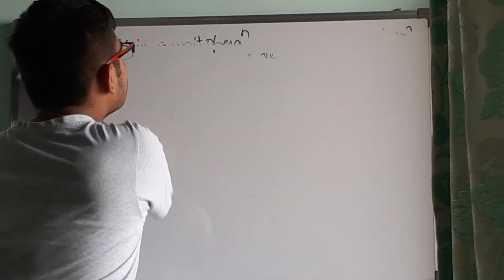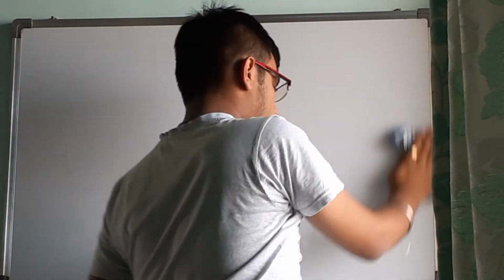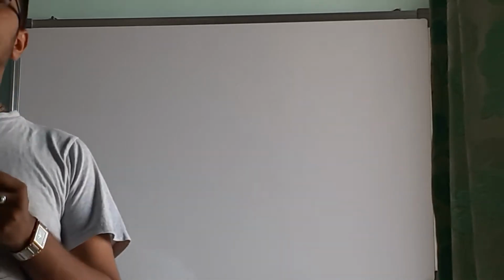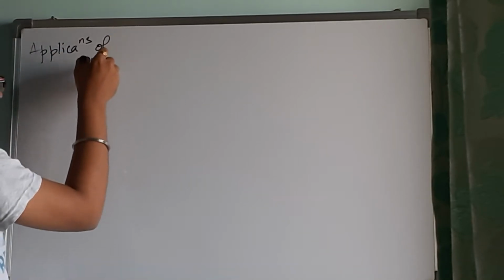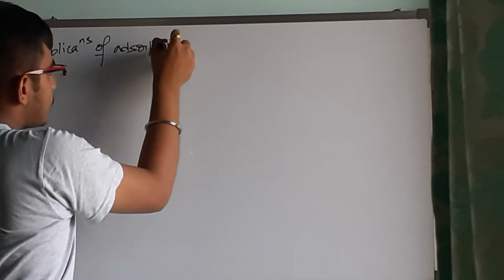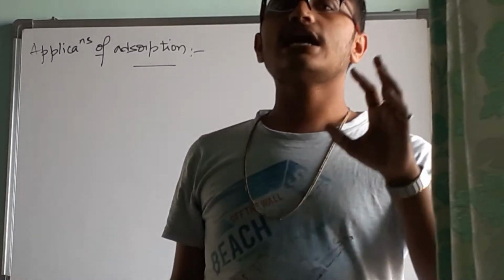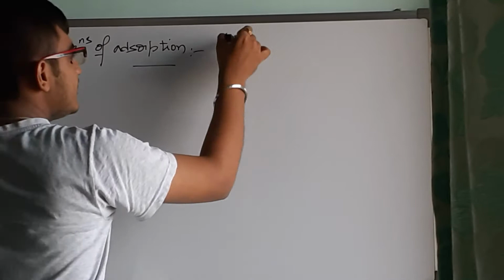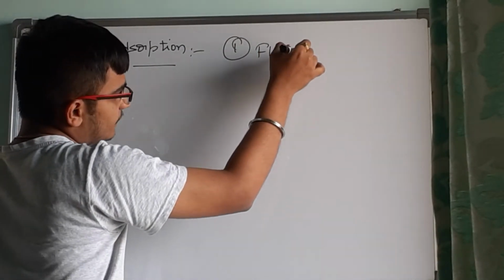Now, before we start any of the process, we need to know the applications of such kind of processes, right? So let us see the applications of adsorption. Generally, these adsorptions are helpful in fluidization.